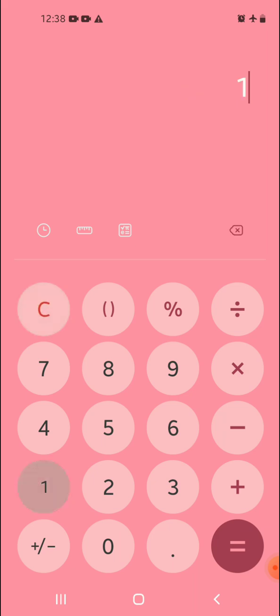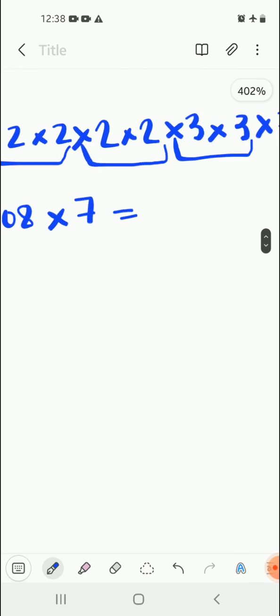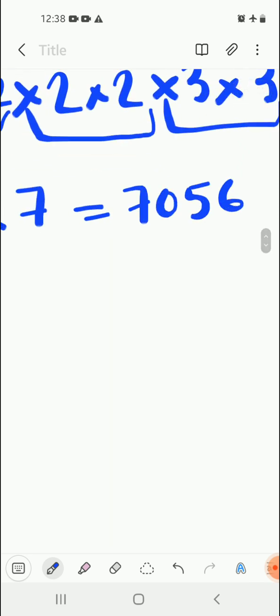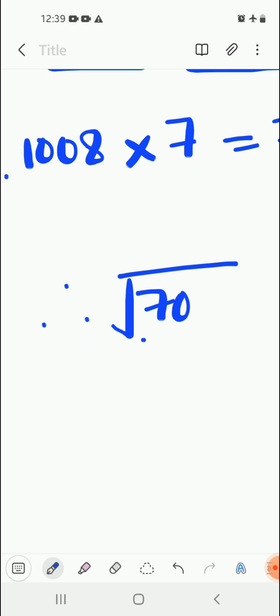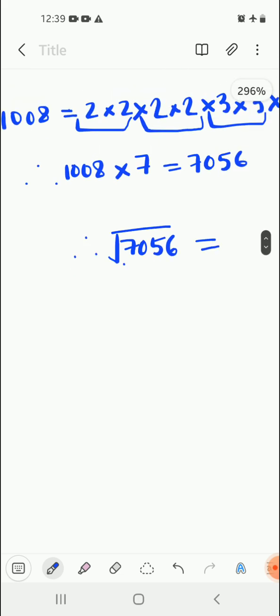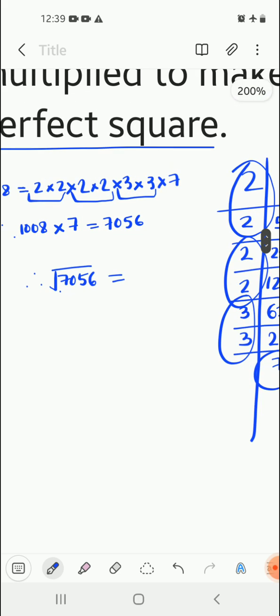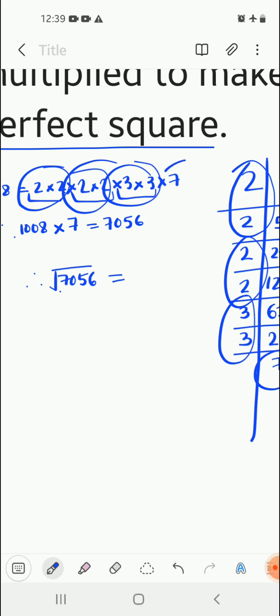Moving on, let's do it. 1008 into 7, we get 7056. Now we can see that 7056 is definitely a perfect square. We can also write which number it is. From this pair of 2 we'll write 2, from this pair of 2 another 2, from this pair of 3 we will write a 3, and now we have got a pair of 7 as well.